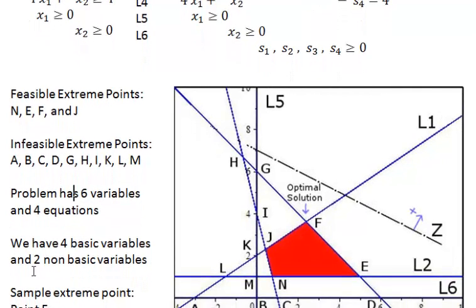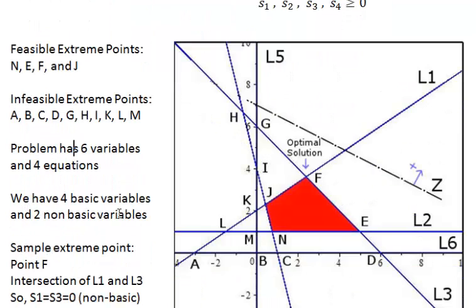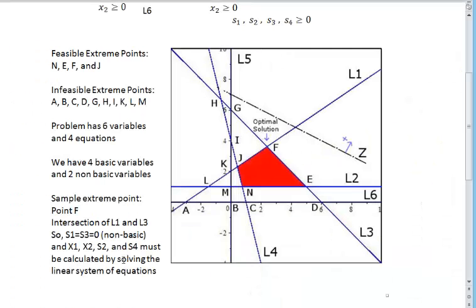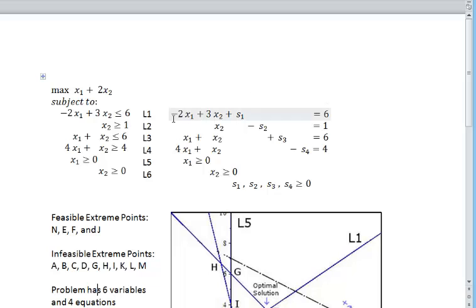Let's pick up an extreme point. Whether it is feasible or infeasible, it doesn't make any difference for this process. But let's pick up in this case the point F, the optimal solution of the problem. Point F is the intersection of line 3 and line 1. It is the intersection of these two, so the slack variables for these are going to be 0.